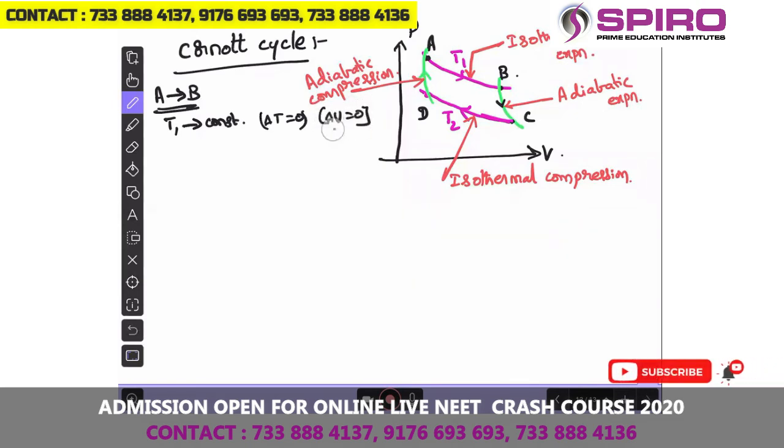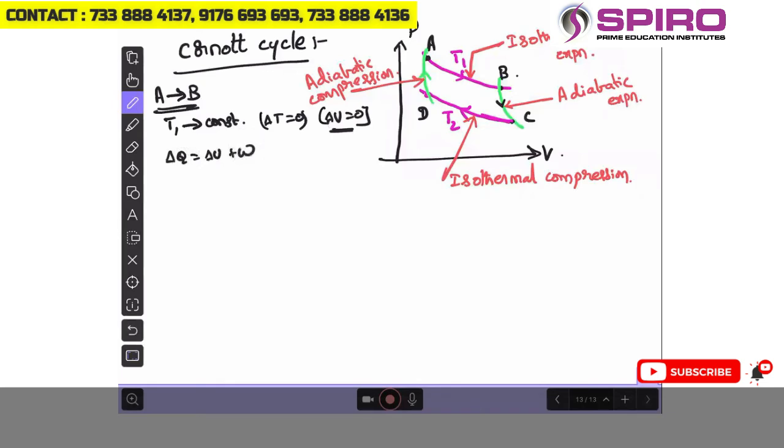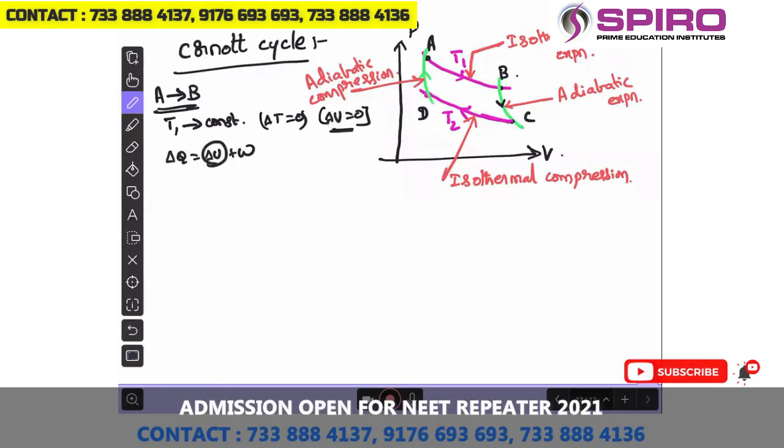According to the first law of thermodynamics, delta Q is equal to delta U plus delta W, and delta U was zero, therefore 100% of the heat supplied in the A to B process, let me say Q1, is equal to the work done.